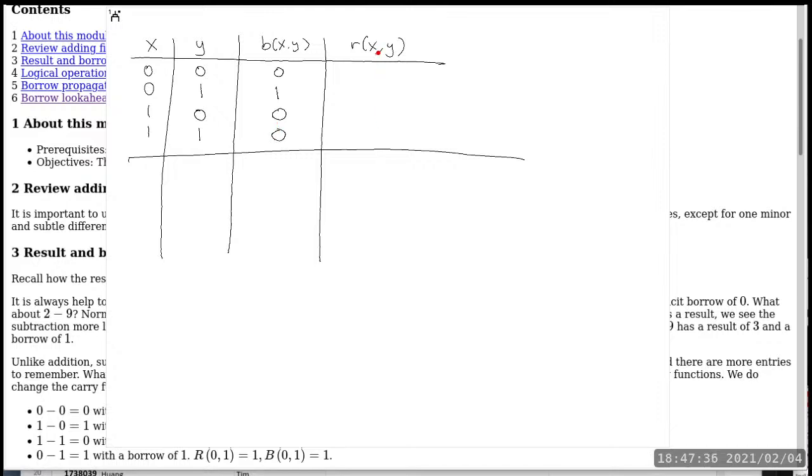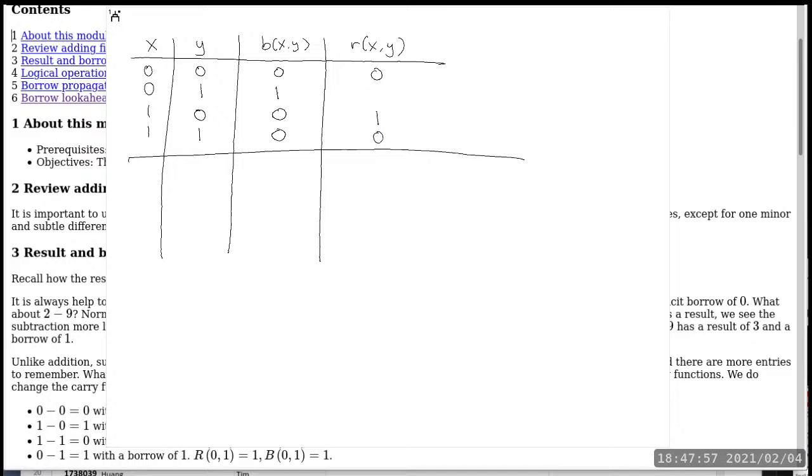And then we look at the R function. 0 minus 0 has a single digit result of 0. I think we can all agree on that one. I'm going to skip the second row and move on to the third row because those are the easy ones. 1 minus 0 has a single digit result of 1. 1 minus 1 has a single digit result of 0.